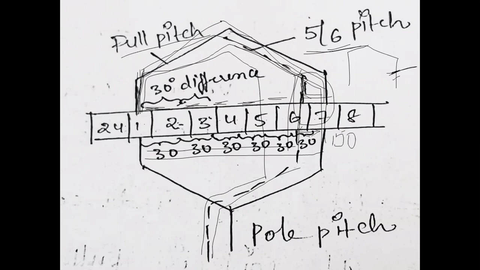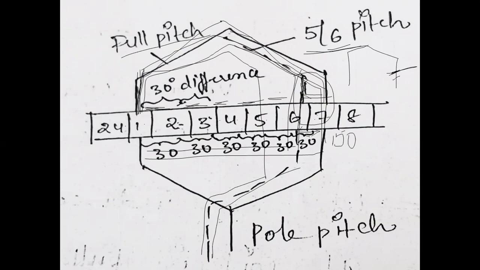If you connect in short pitch, these harmonics will be eliminated. Due to the elimination of these high frequency harmonics, eddy current and hysteresis losses will also be reduced. So these increase the efficiency. These are the reasons why we connect the winding in short pitch.